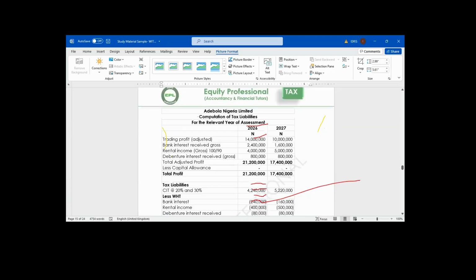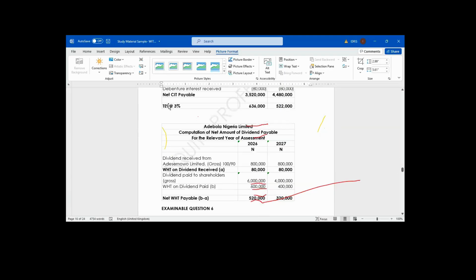After you get your net CIT, you now compute your education tax.